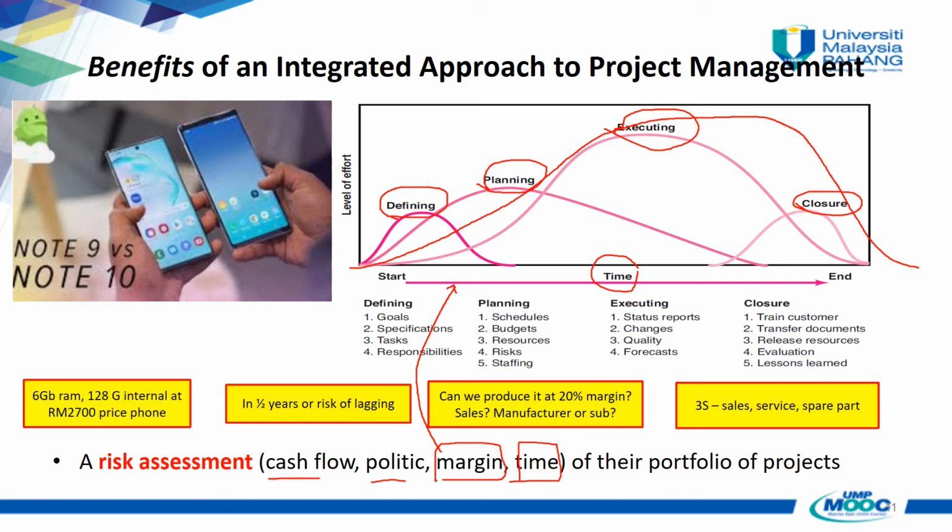Let's see the example of the production of Note 9 versus Note 10. For Note 9, the product life cycle is already saturated, so they produce a new Note, we call it Note 10. So this will become the barrier to produce a new product.